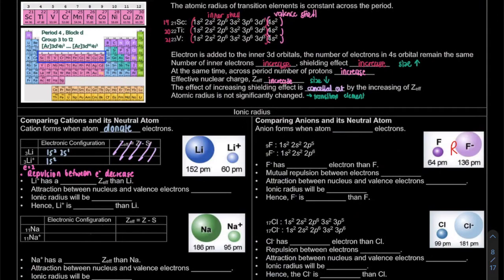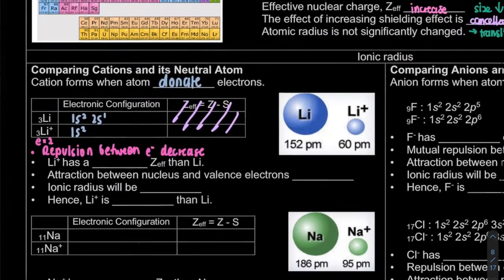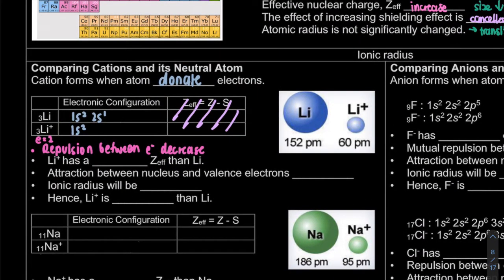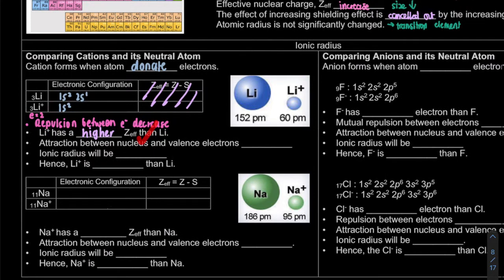Okay, however, even though the repulsion decreases, for our case of the cation, dalam kes ni Li plus, it will actually have a higher Zeff, effective nuclear charge, than our neutral atom. Yang ini sebenarnya senang mau tunjuk through calculation. Yang ini jangan risau, Miss akan explain through example sodium ni.